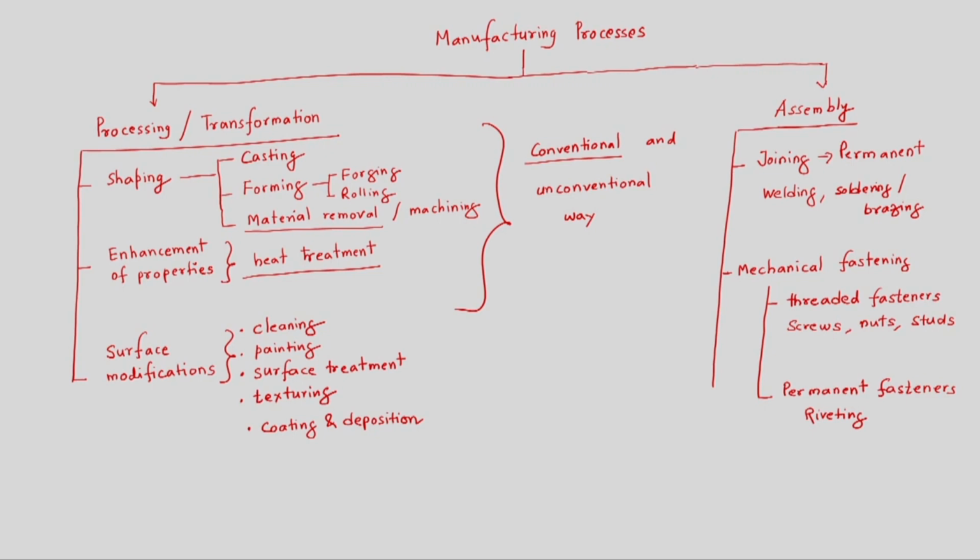So we are using mechanical energy to remove the material in the machining operation. But many a times it is not possible to apply the contact type of tool for high strain materials, for delicate parts. So in these scenarios we have to think for some unconventional way of processing it.